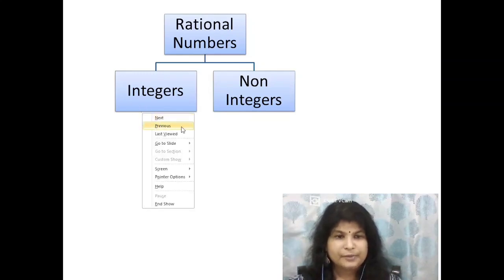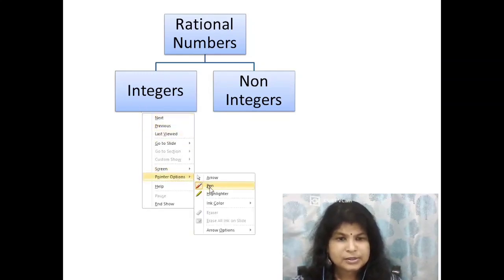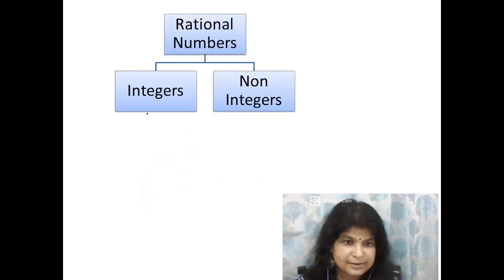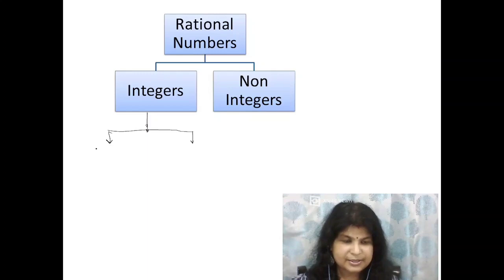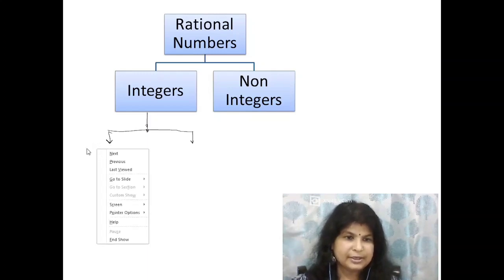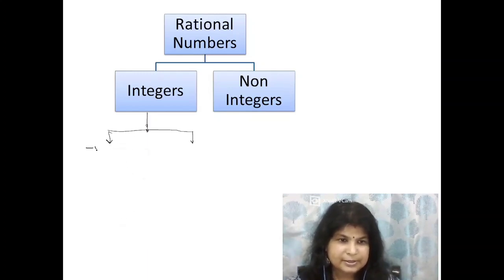So I will just draw one line over here. Integers: you have negative integers and you have positive integers.